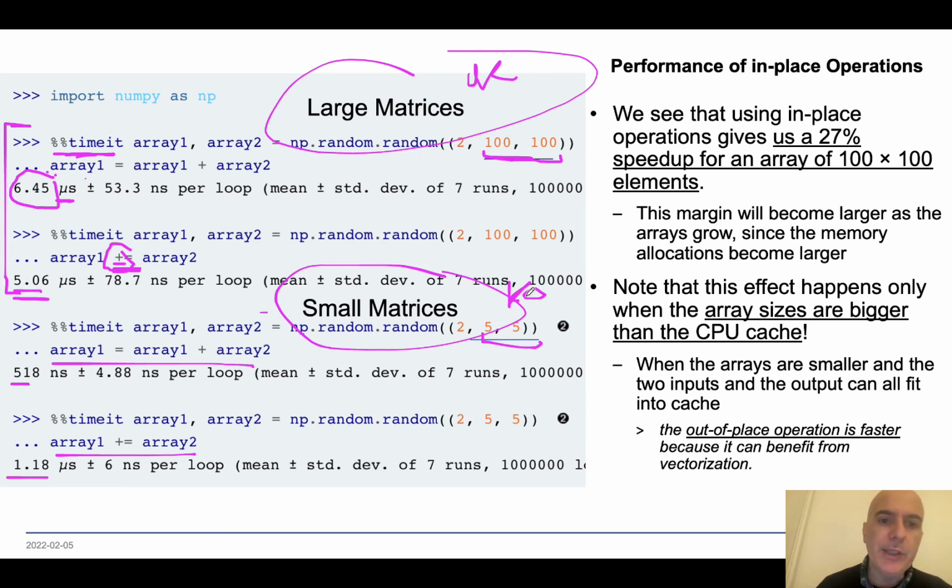However, when we use small matrices, we see that this is not working anymore. When the arrays are smaller and the two inputs and the output can all fit into the cache, the out-of-place operations are faster because they can benefit from vectorization and caching.